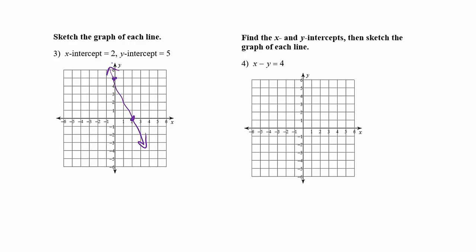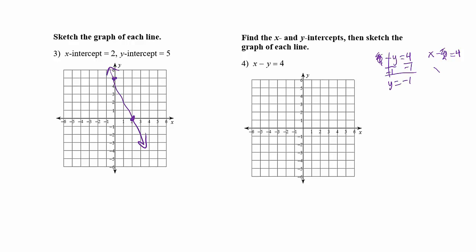On 4, it says find the X and Y-intercepts, then sketch the graph of each line. So in order to find the X and Y-intercepts, that's where we put a 0 in for X and solve, and then we put a 0 in for Y and solve. So if I have 0 minus y equals 4, well, the 0 is basically just going to go away. -y equals 4, we'd multiply or divide by -1 to move that negative over to the other side.